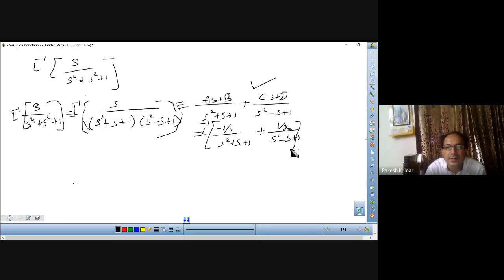So we need to find out the Laplace transformation of this function. Now you need to make the adjustment.